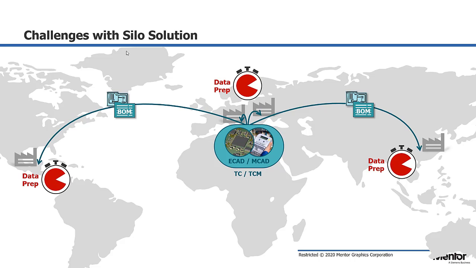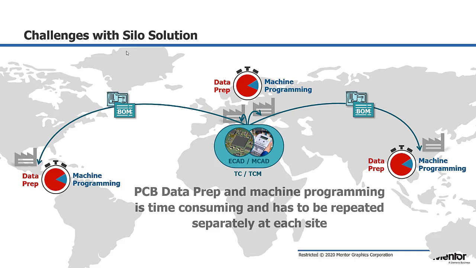You can see that the data preparation, which takes the majority of the time, is done separately in each and every facility, producing a lot of waste as it could be done once for all the facilities. After the data preparation is done, each and every facility does the machine programming and work instructions authoring for its own lines.